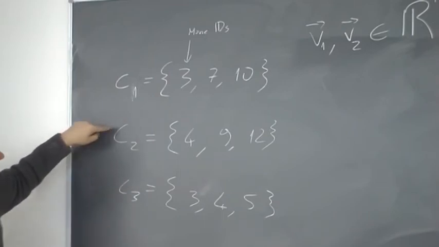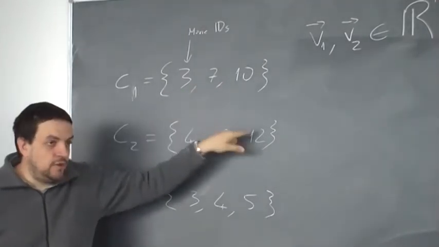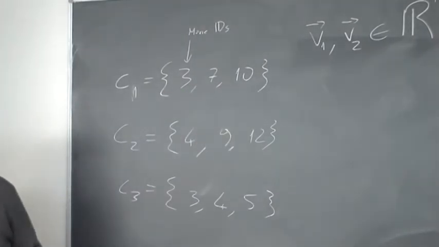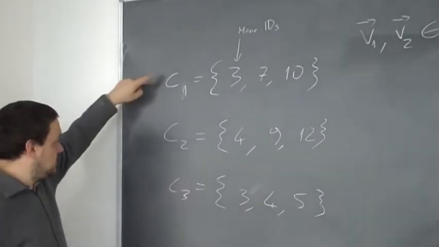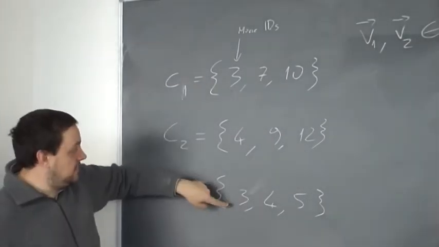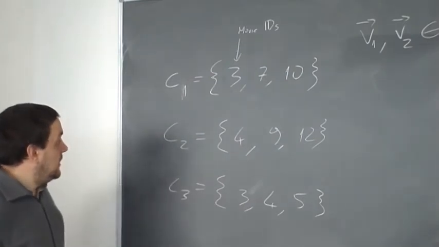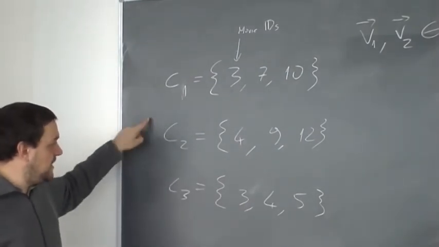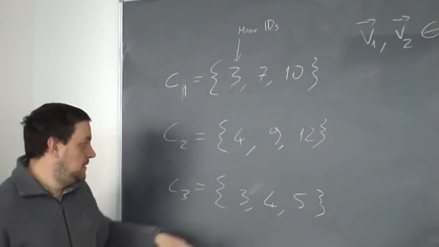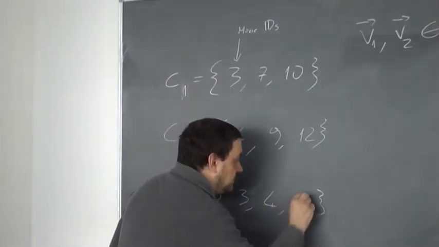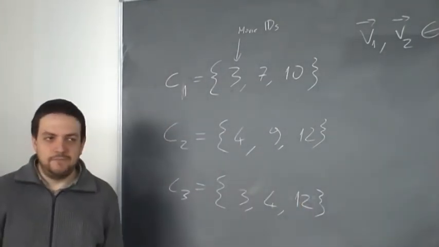Actually, you see, they didn't buy any common item. So probably their tastes are different. While customers 1 and 3 have some common items, 1, and customers 2 and 3 have some common item. Okay, let's put another common item between customers 2 and 3.